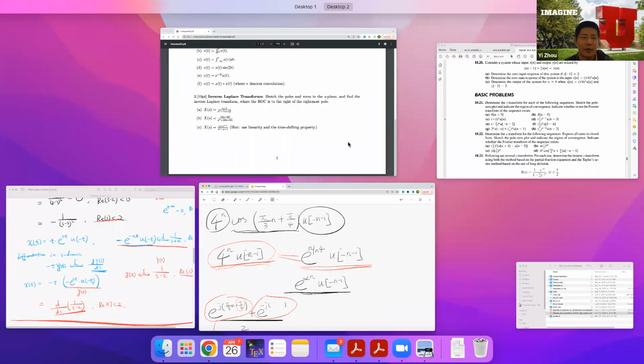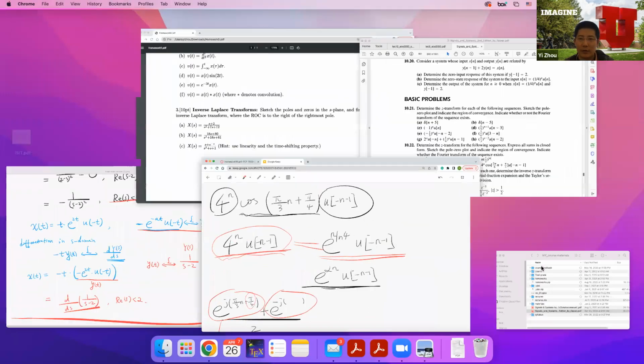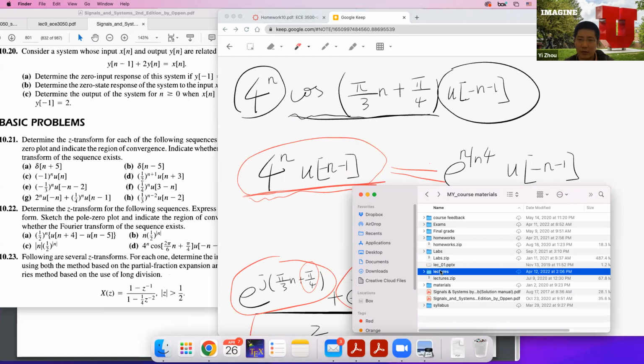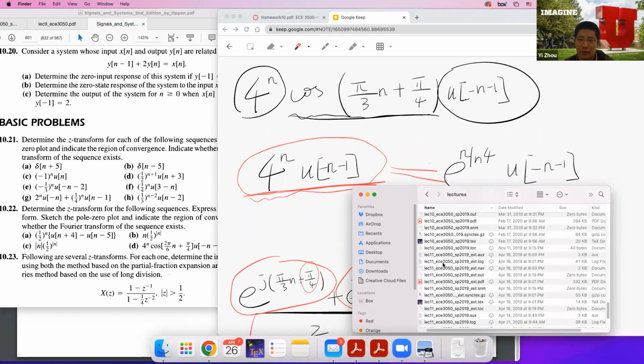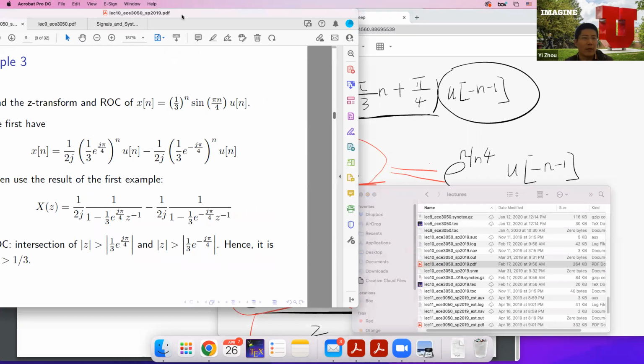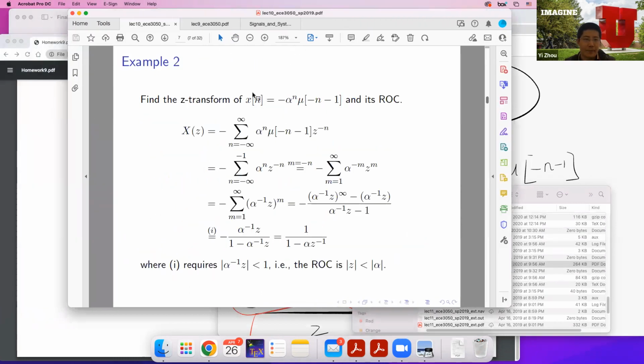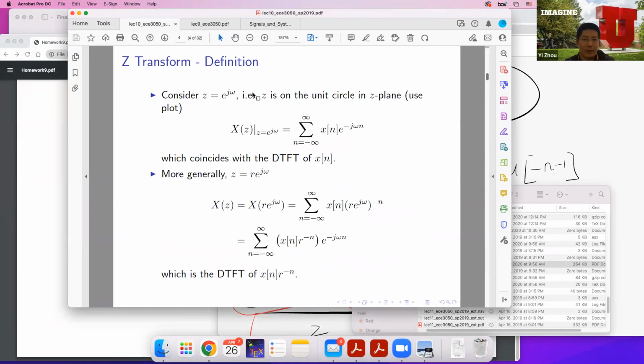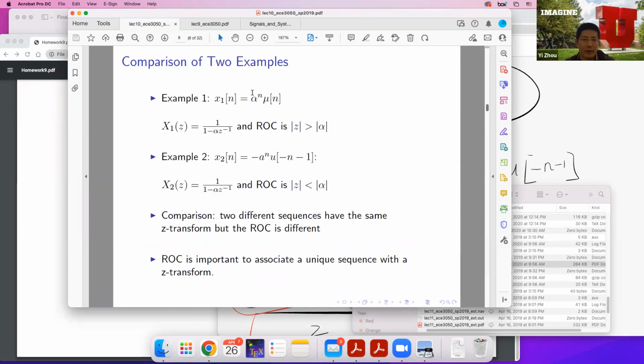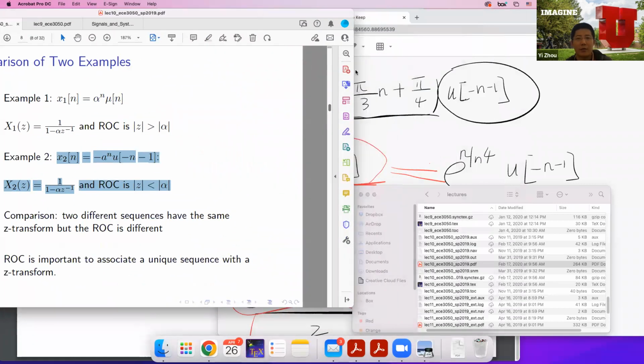If you check lecture 10, okay, it's this one. Oh, we don't even need that exponential reformulation.